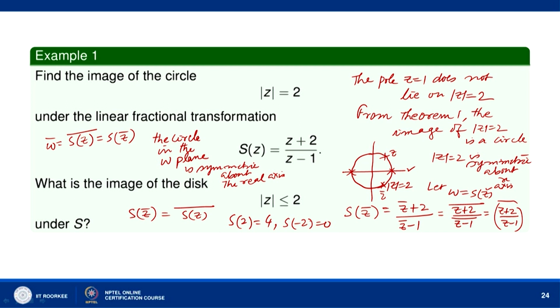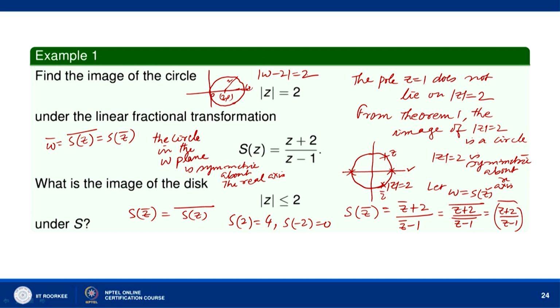This means that 0 and 4, because of the symmetry, must be the ends of a diameter of that circle. So, the circle is like this: this is 0, this is 4. That means (2, 0) must be the center of the circle and the radius must be 2. So, we have the equation of the circle as |w − 2| = 2.